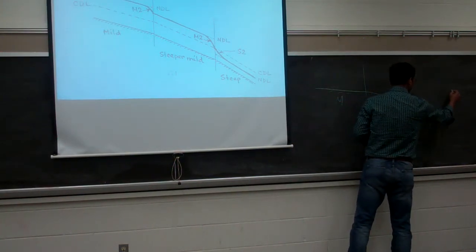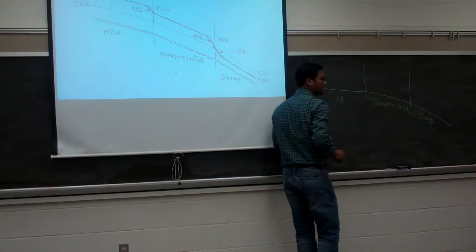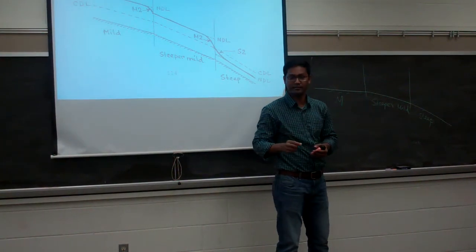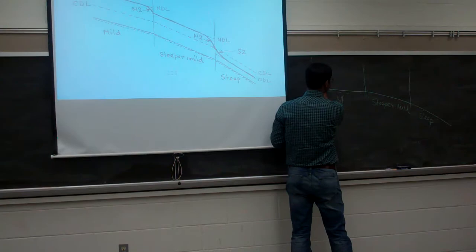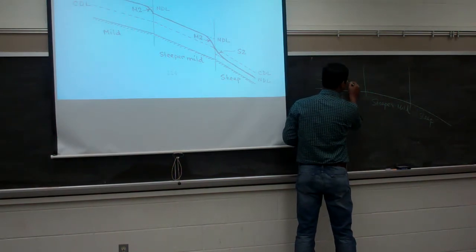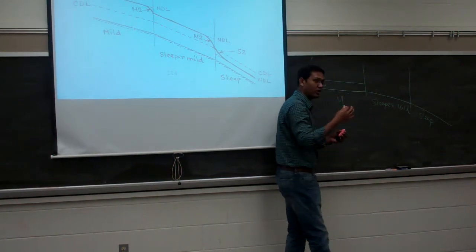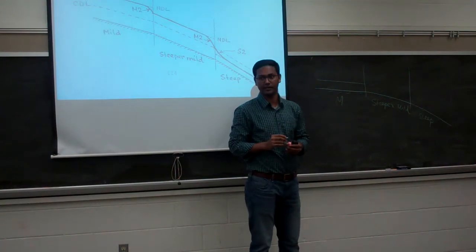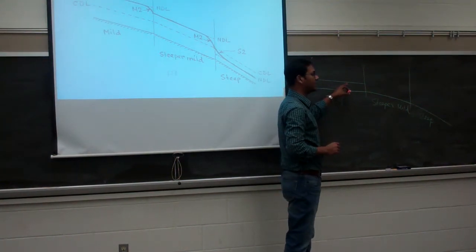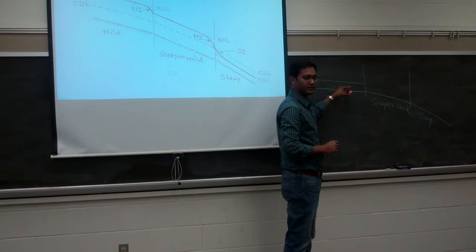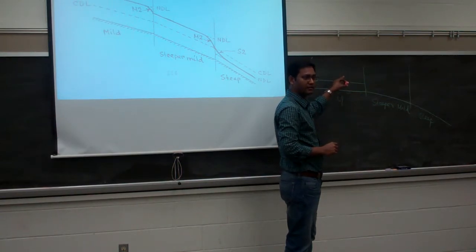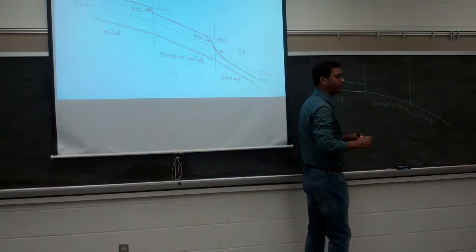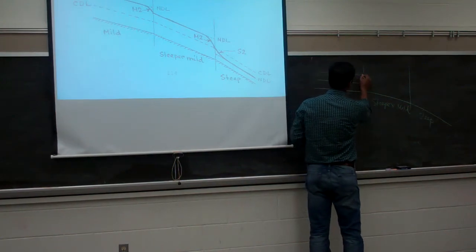By this time we know there will be 2 lines. The first one is for mild slope. The NDL means the normal depth line, and the other is the critical depth line. For mild slope, the NDL is located above the CDL, right?